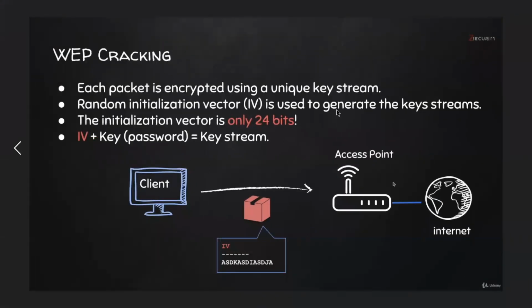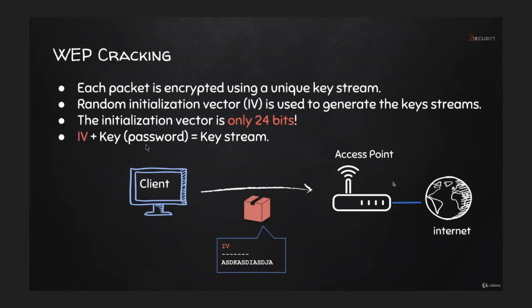So basically, how a WEP network works is that whenever packets are being sent over it, a key stream is added with them, and the key stream consists of two things: an IV and the password.